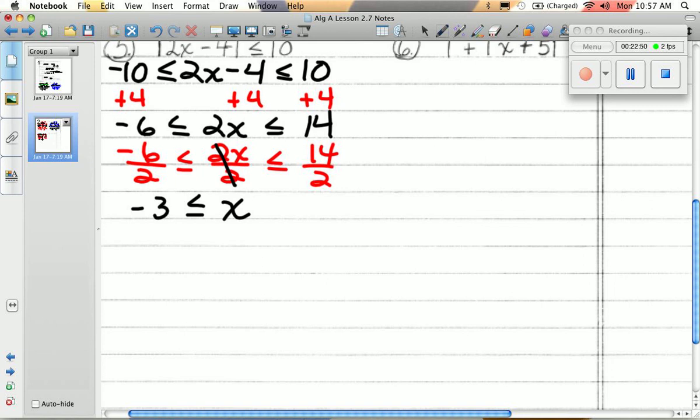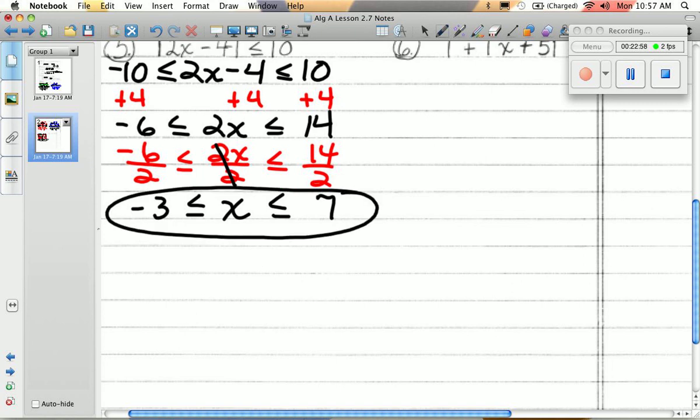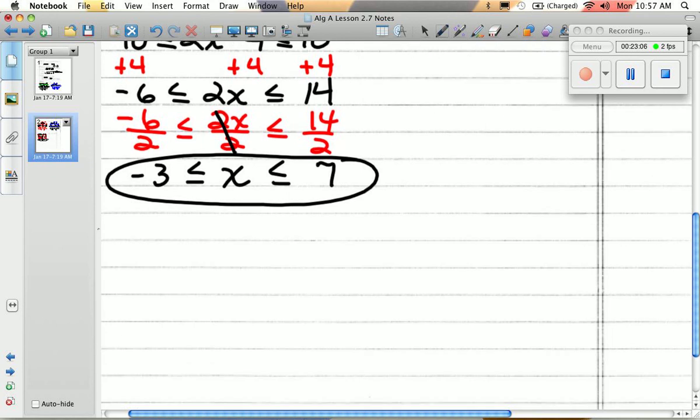And 14 divided by 2? 7. So x can be any number between negative 3 and 7, including those two. Any of those numbers would make that absolute value inequality we started with true. So again, don't take shortcuts you really can't take, okay?